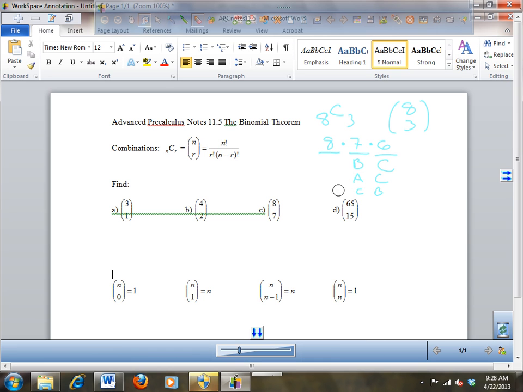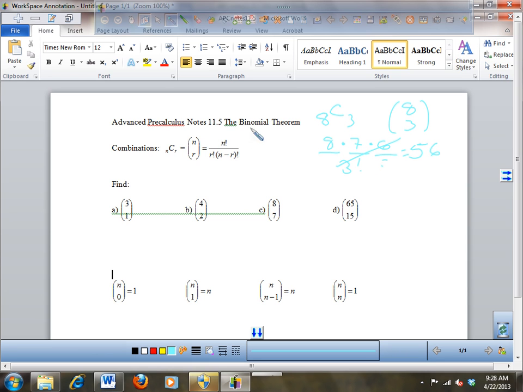Altogether, there are 3 factorial ways to arrange the 3 people I've chosen. So altogether this would be 8 times 7 times 6 divided by 3 times 2 times 1. 3 factorial means 3 times 2 times 1, which is 6, so this cancels, and the answer would be 56.